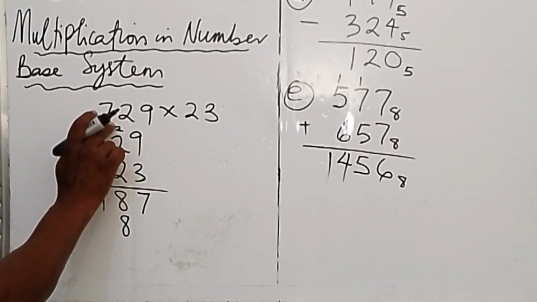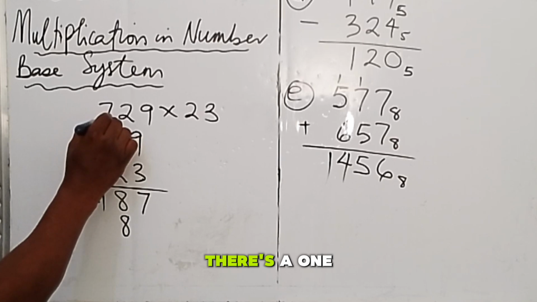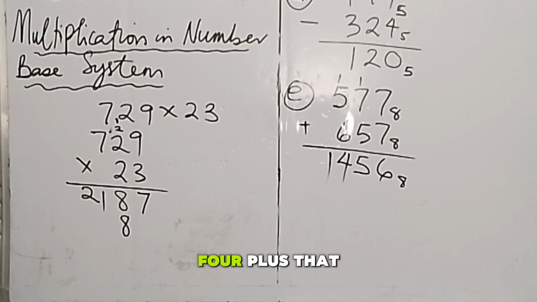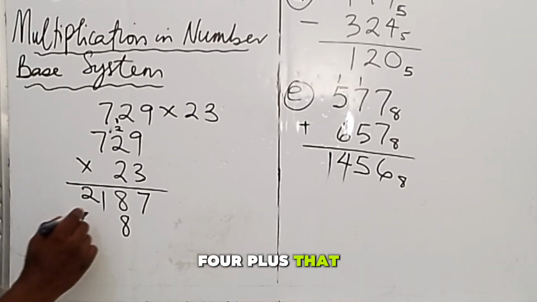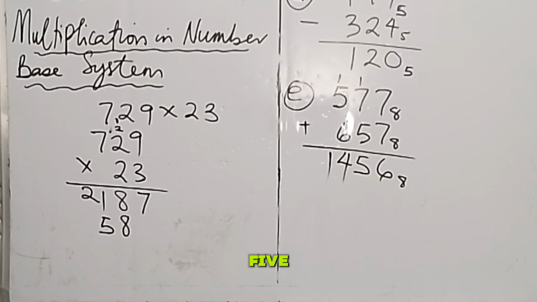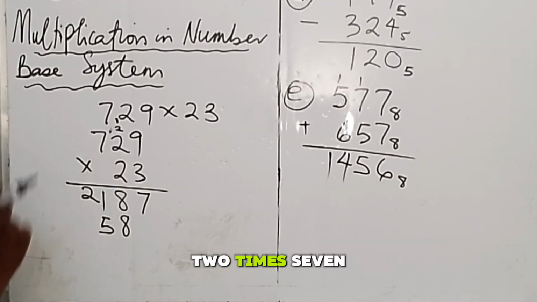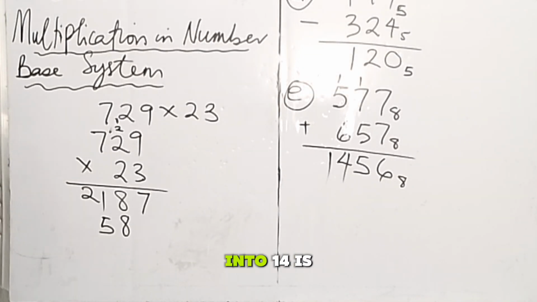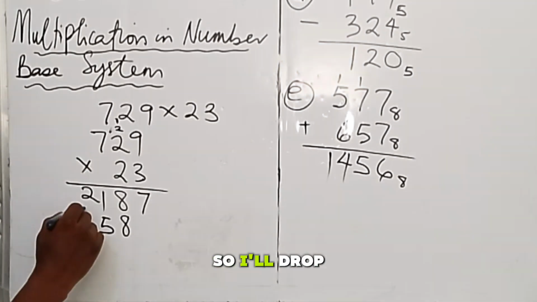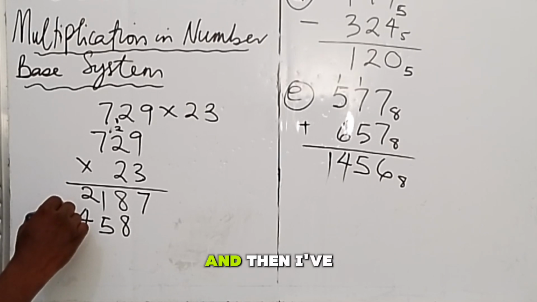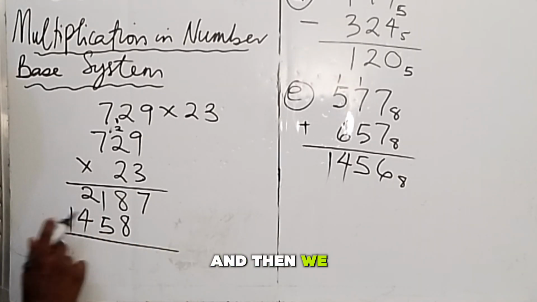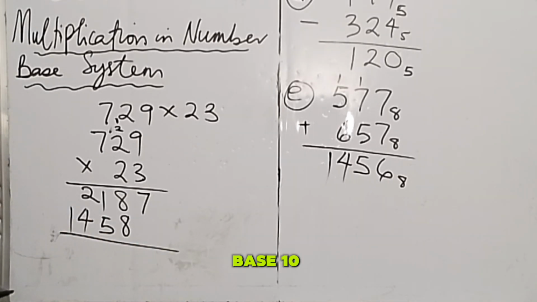I put it on top. 2 times 2 is 4, plus that 1, we have 5. 2 times 7 is a 14. 10 into 14 is 1 time, remainder 4. So I'll drop the 4 here, and then I've also dropped the 1 because it's at the end again. And then we add. Mind you, we are adding in base 10.